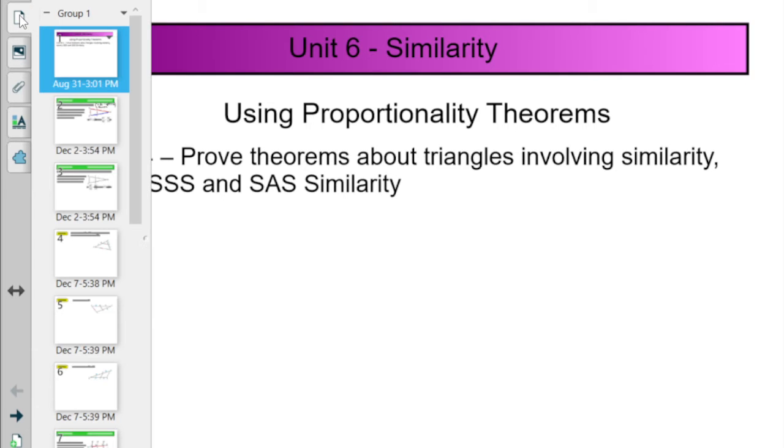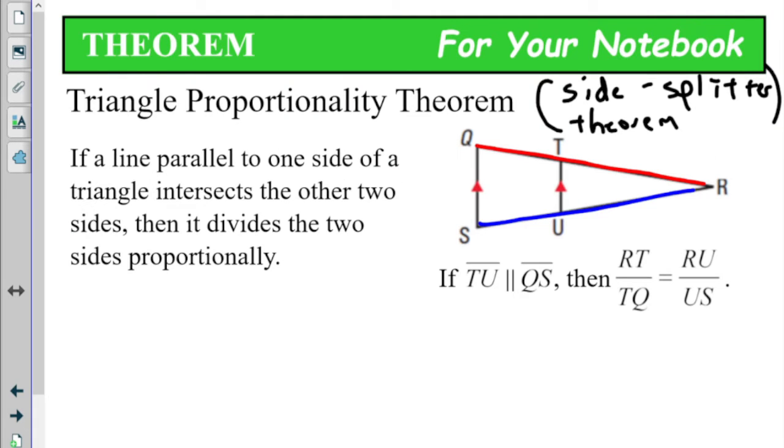And all of these are true in some way because of similarity. For example, this first one is true because of angle-angle similarity. The parallel lines happening here are going to create angle-angle similarity.